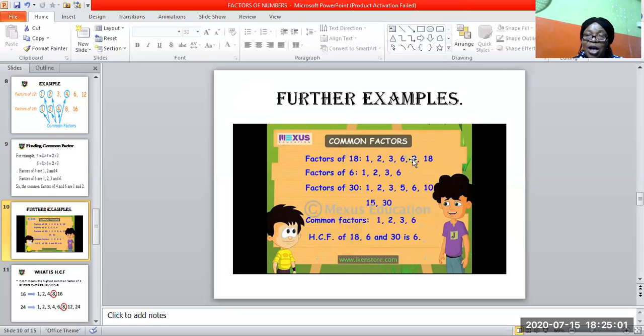Therefore, we brush aside, forget about number 9, number 18, number 5, number 10, 15, and 30. These numbers are not relevant to our mission. The mission is to find the common factors. These are totally not common factors.